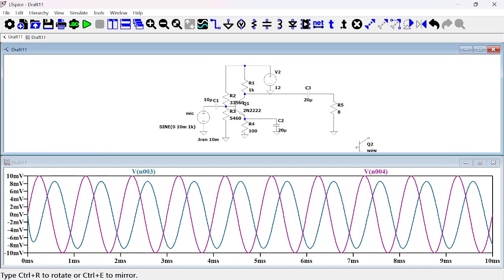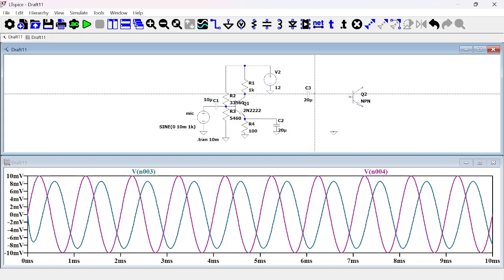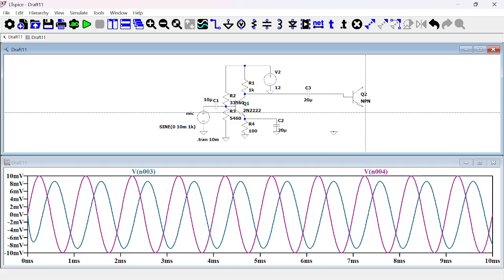Rather than connecting the speaker directly to the collector, I am going to connect it to the emitter. So the question is, should I worry about bias? Let's see.